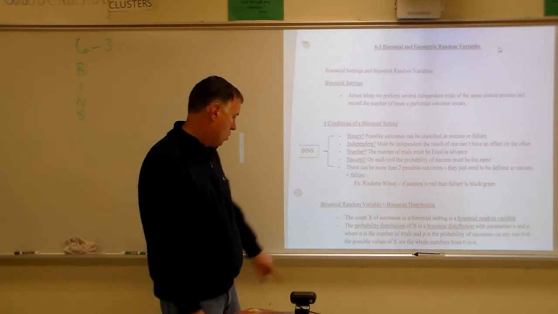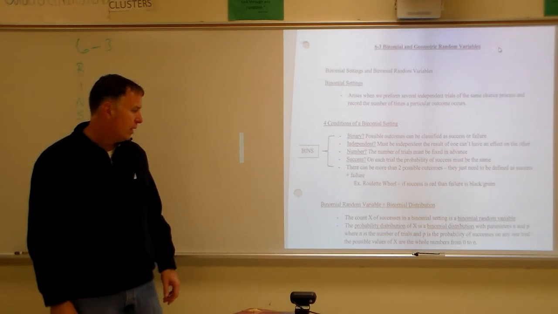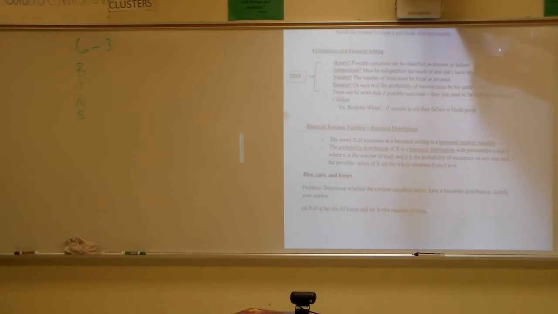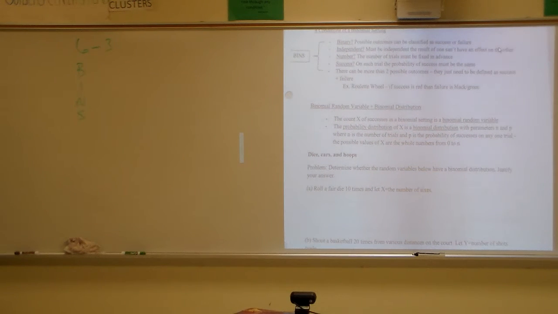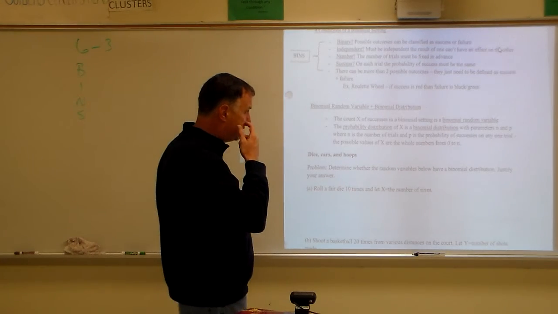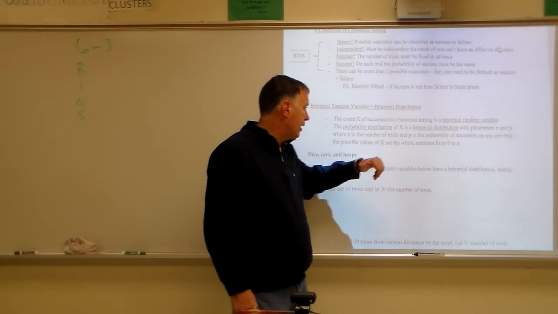All right, so binomial random variable and the binomial distribution. The count X of successes in a binomial setting is a binomial random variable.